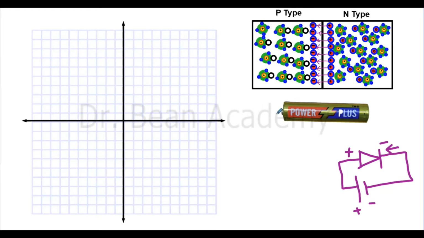So I will first see the behavior of a PN junction diode in the forward bias mode. So I am connecting the positive end of the battery with the P type, and the N type is connected to the negative terminal of the battery, and here I have a schematic circuit diagram so that you can compare both of them.